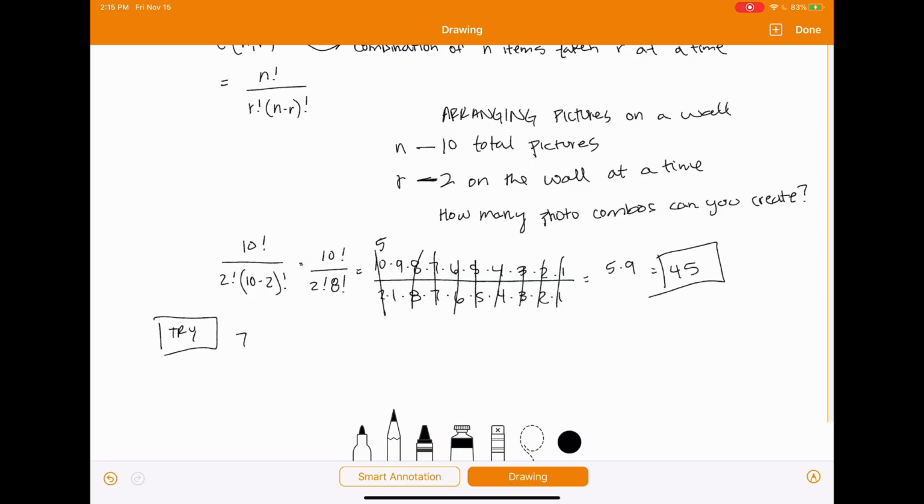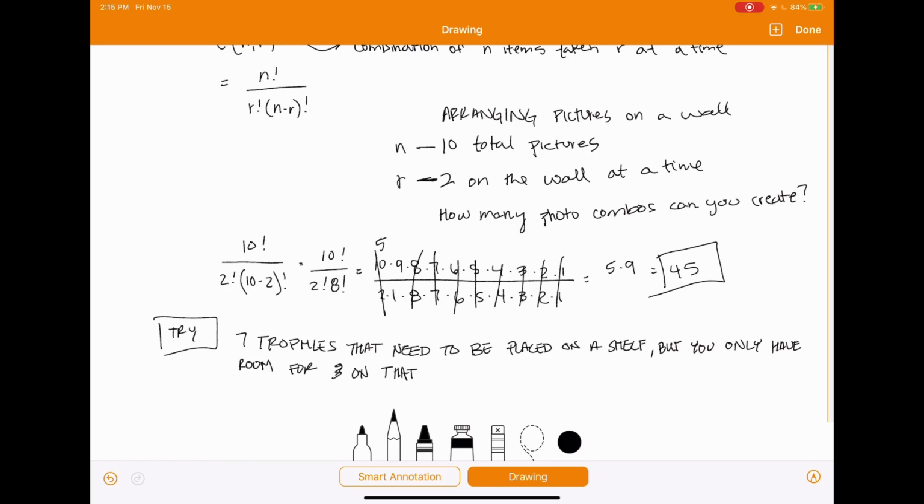If you have 7 trophies that need to be placed on a shelf, but you only have room for 3 on that shelf, how many trophy combinations can you have?